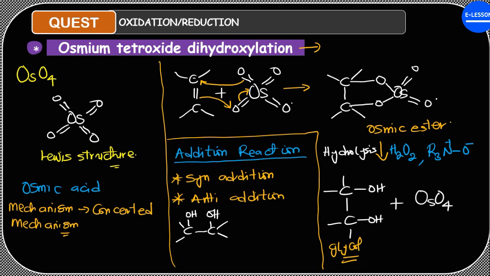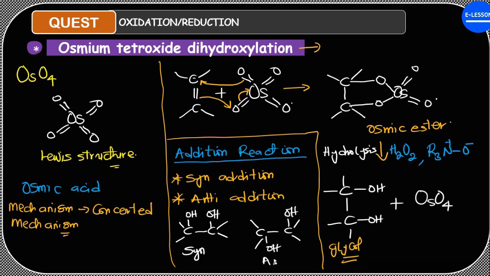When the incoming substituents, or the materials that are being added, are added to just one side of the alkene, it's called the syn addition. However, a situation where you have it in this way, let's say this one is the OH, and then the other OH is on this side, you call it what?